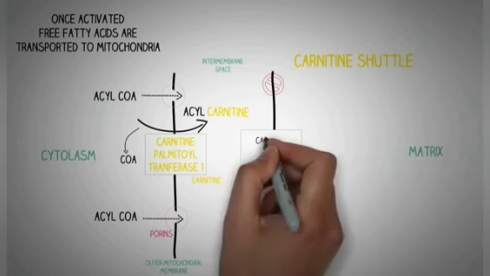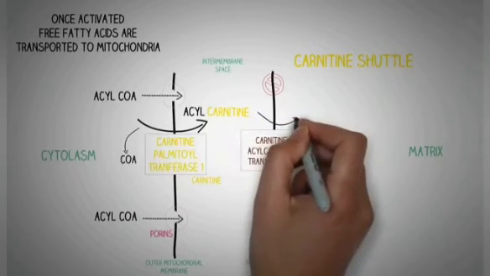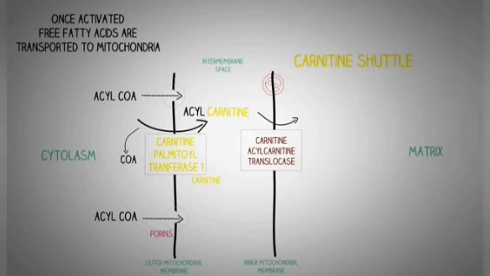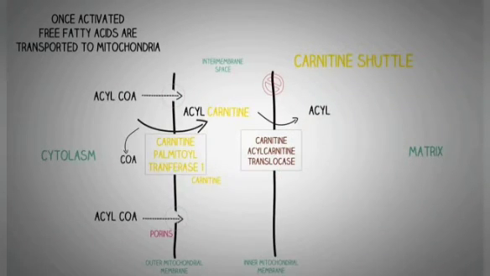In the next step, the enzyme carnitine acyl carnitine translocase, which is located on the inner mitochondrial membrane, transports this acyl carnitine into the matrix of the mitochondria.